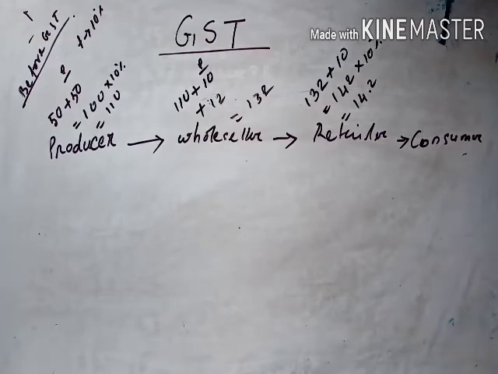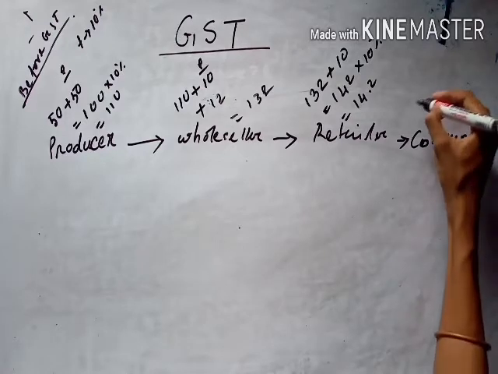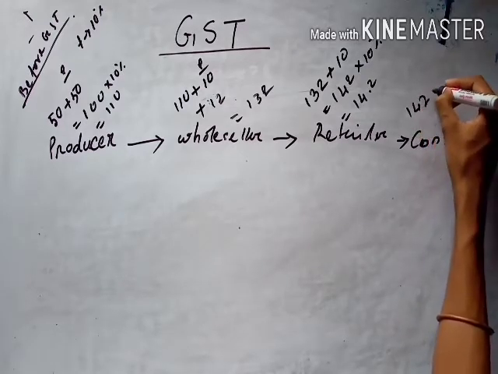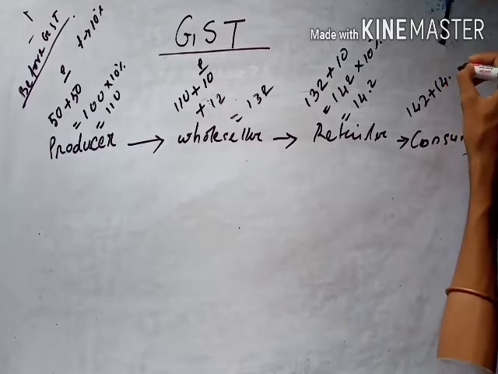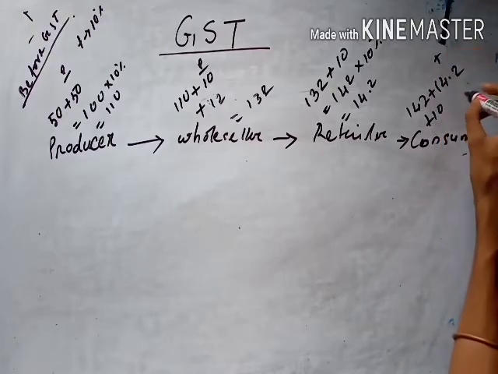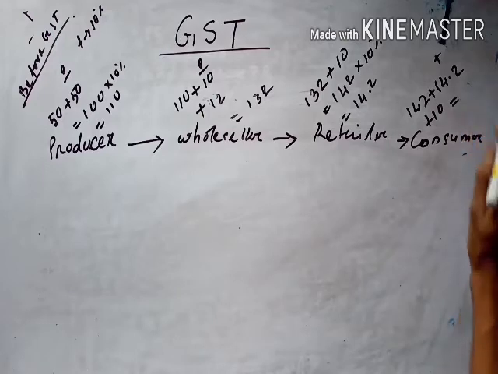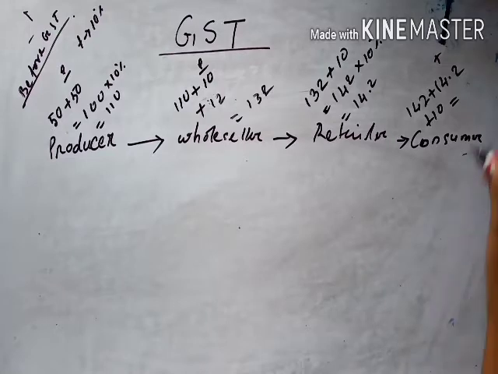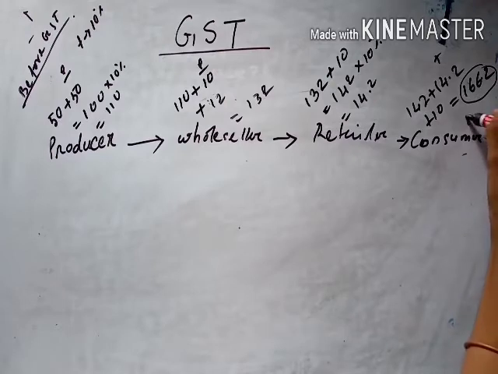Now let's see what the price of that particular good is for the consumer: 142 plus 14.2 as tax plus he adds a profit of 10 rupees. So 152, so 166.2, this is the price.